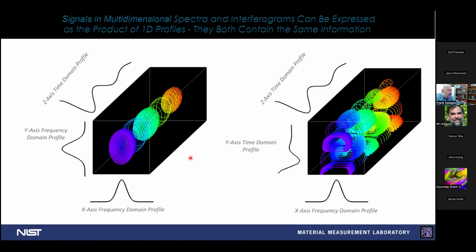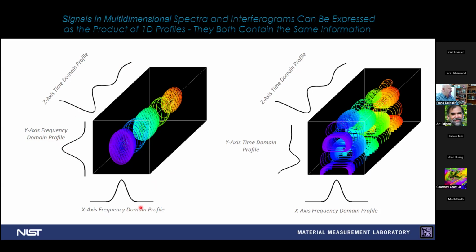In 3 dimensions, the same idea holds. If we have 3-dimensional data that's still in the time domain in the 3rd dimension, that entire volume of a given signal can be described as the product of 3 1D shapes, depending on whether things are in the time domain or the frequency domain.